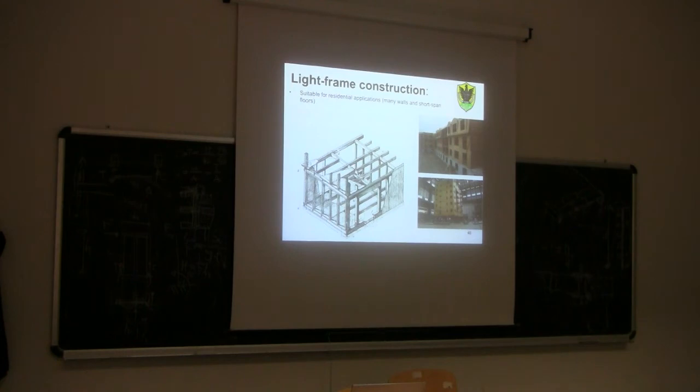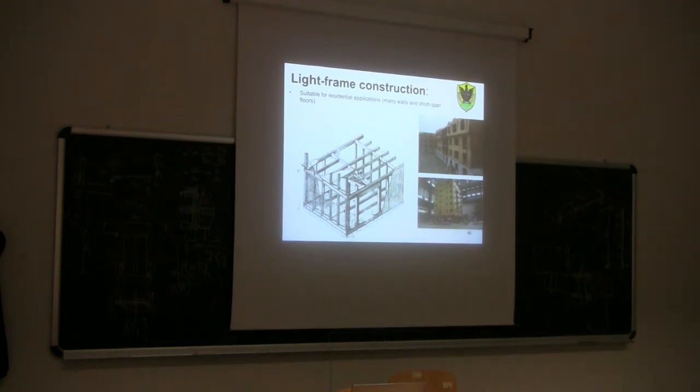So if you want to build an open space, this is not the best solution, because here we need to have many partitions, many walls that will become all structural. Okay? For an open space, we would not have enough walls to take all the horizontal force. So it's okay for residential applications.